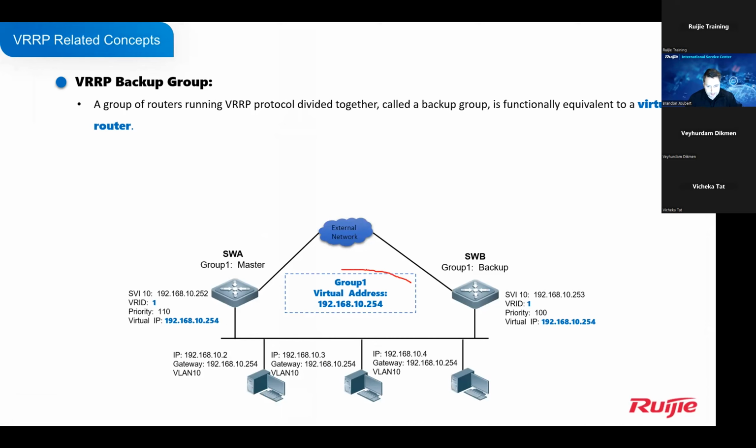So once you have the same VRID group, these two routers will work together, and a virtual router will be created between them. What makes VRRP different from VSU, which was explained to us earlier, is that you still have two different devices. They will not become one unit. They will work together independently, but with a virtual router between them for failover purposes.